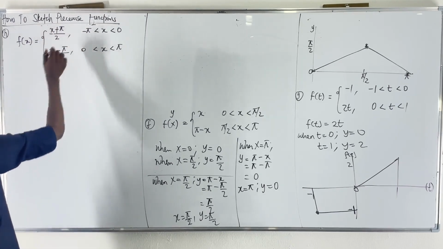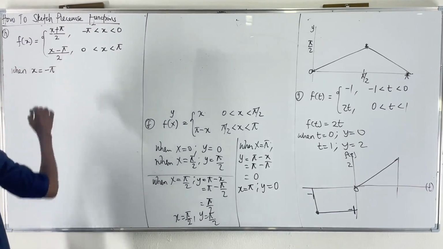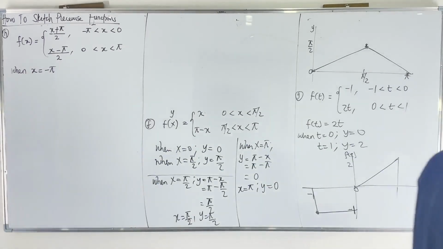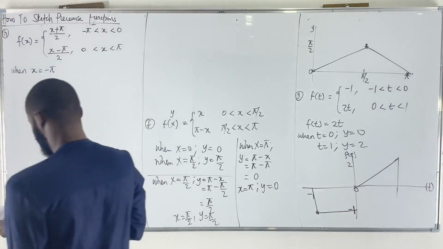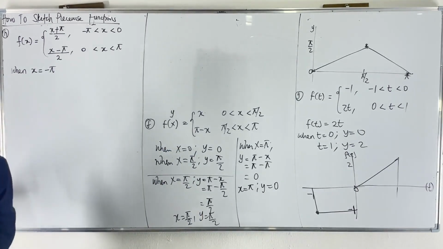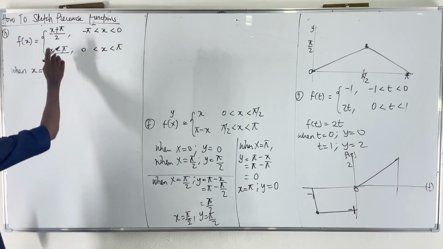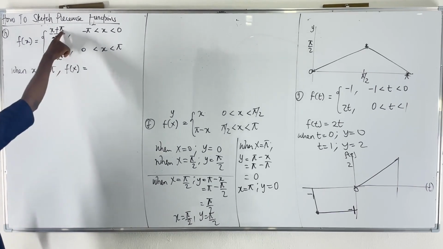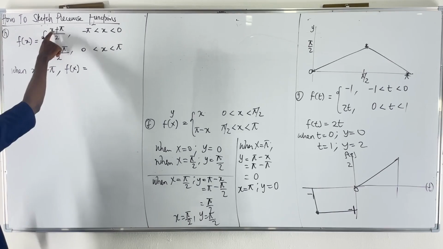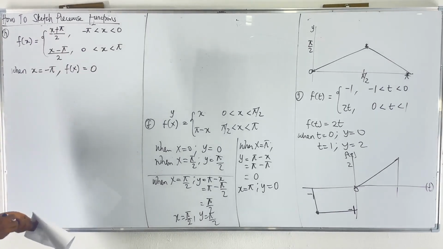So when x is minus pi, that means f of x, which is our y, would then become, if we put minus pi here, minus pi plus pi is 0, and 0 over 2 is just 0.